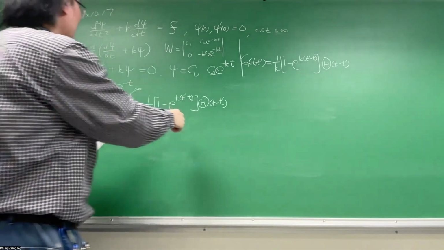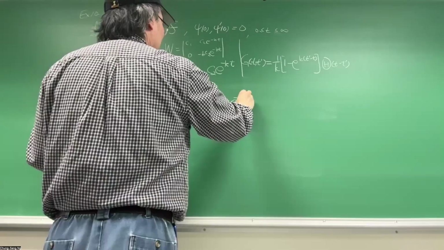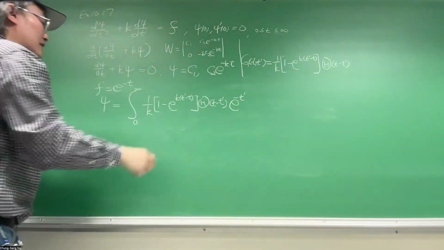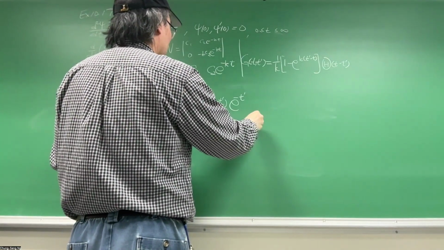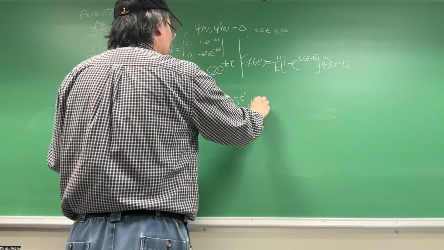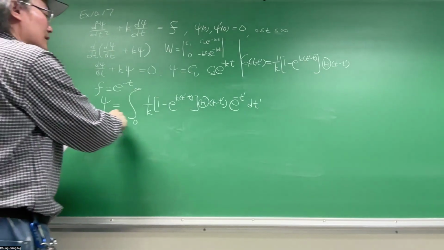And substitute f, changing t to t prime, and then integrate over t prime. Okay, so that would supposedly be the solution.